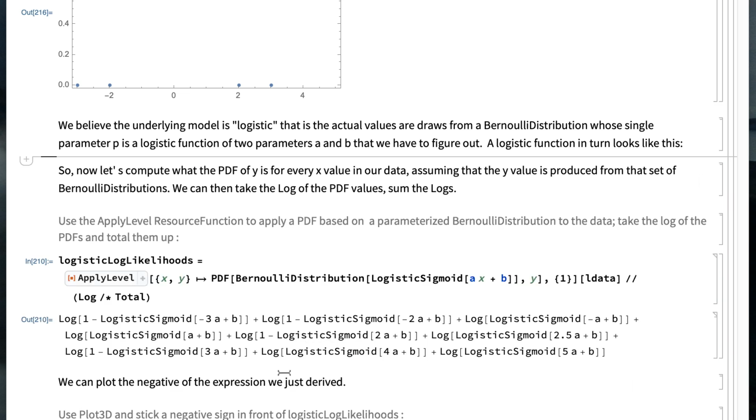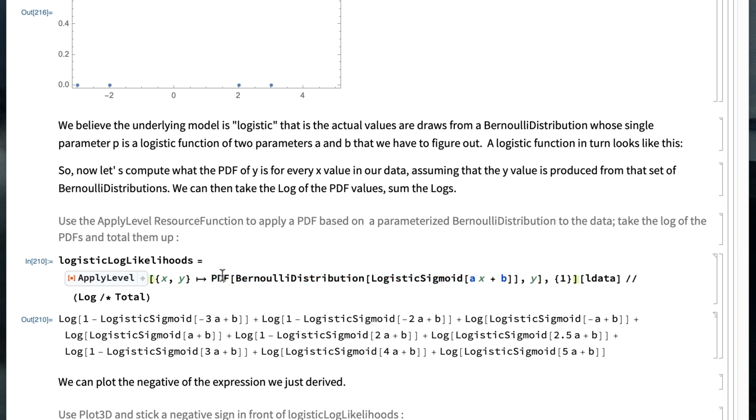Okay? So I think if we actually look at the code here, it might be clearer. What we're going to do is take our data with its x and y points, and for every point, we're going to compute a symbolic value, a times the x value, plus b. We're going to take the logistic sigmoid of that, and that gives us a Bernoulli distribution.